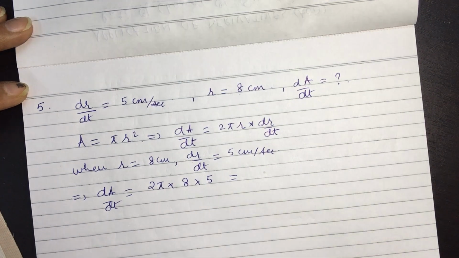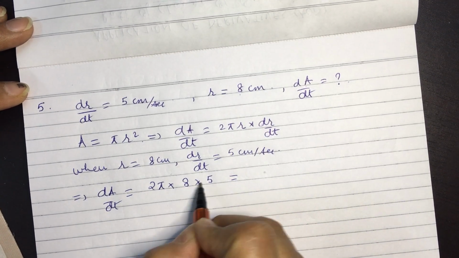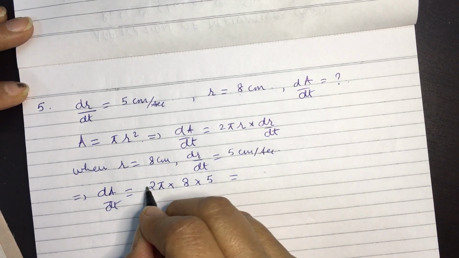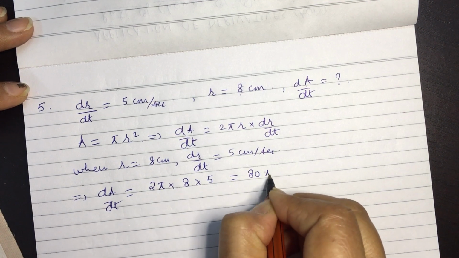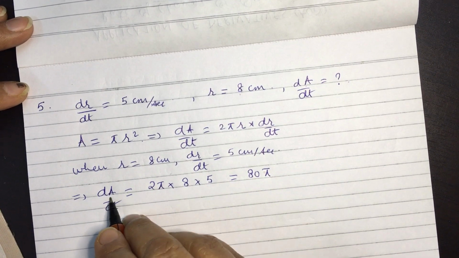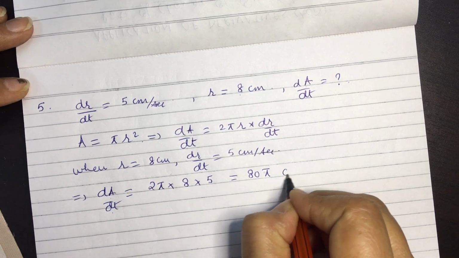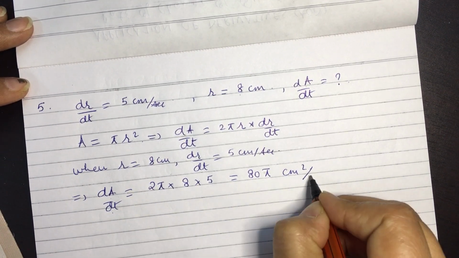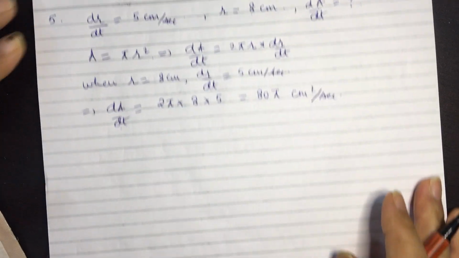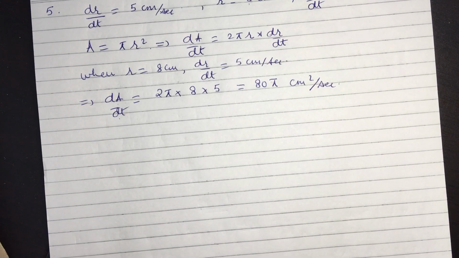It comes out to be 40 into 2, that is 80 pi, and then dA by dt, the unit would be centimeter square upon dt, means second.